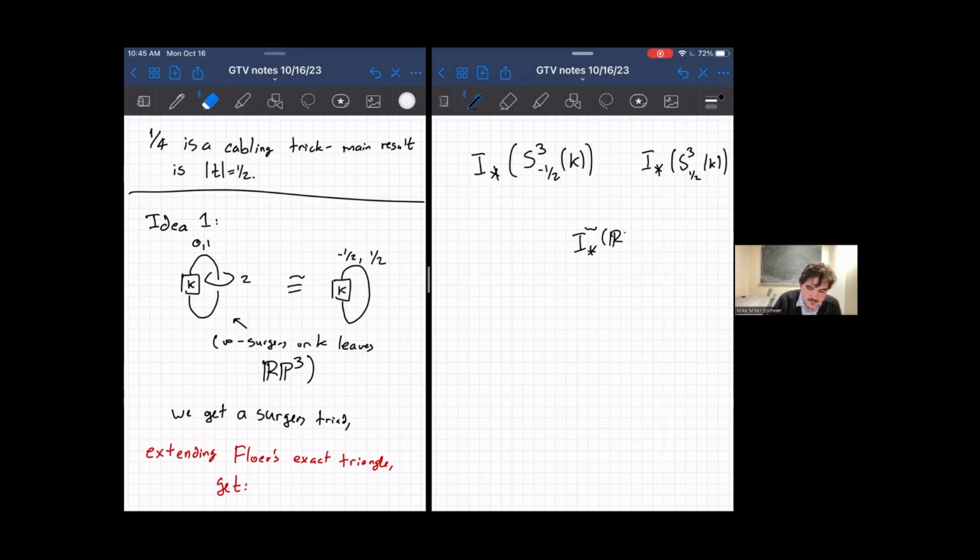What you end up with is an exact triangle relating these two groups and a sort of twisted homology of RP3, RP3 equipped with a certain non-trivial but not admissible bundle.